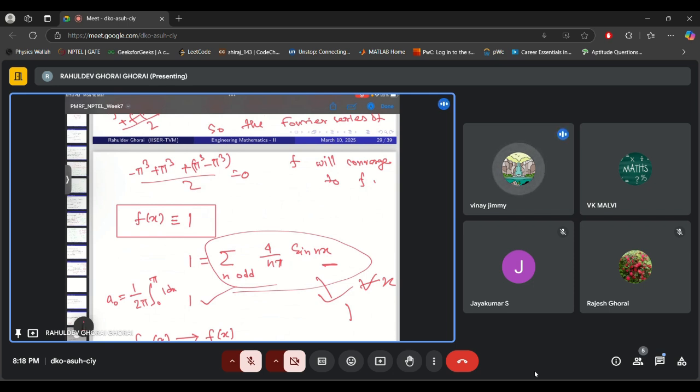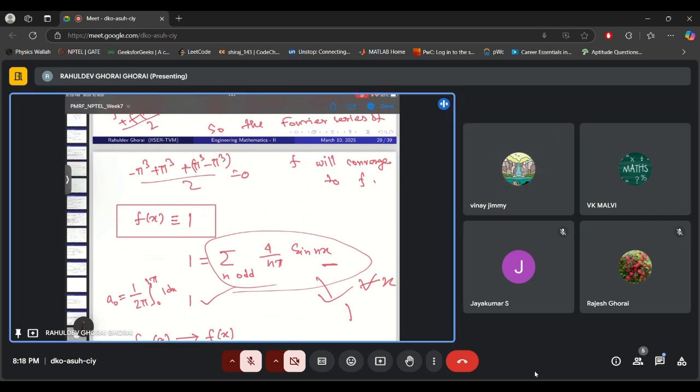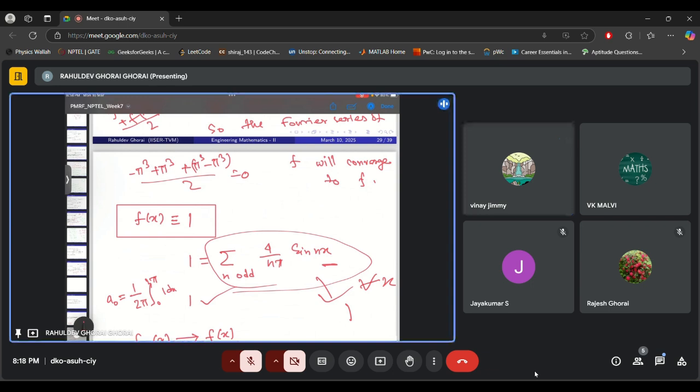Sir, n is odd, why not 0 to 2 pi, sir? 0 to 2 pi you can take, no problem. 0 to pi or 0 to 2 pi will not make any problem. Then 2 pi will come out, so some a naught will be there.